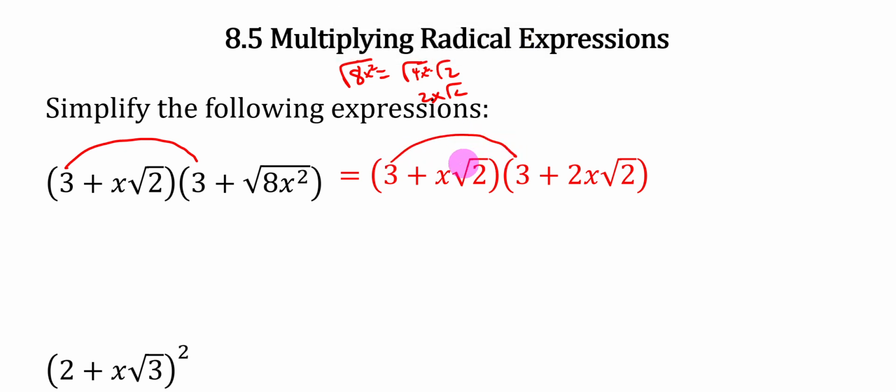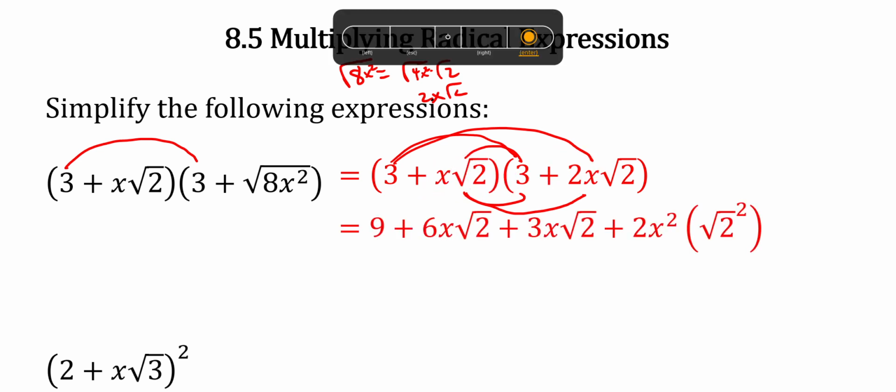3 times 3 is 9. We get 6x square root of 2. I'm sorry, 3x square root of 2. And then we get 2x squared, 2x times x, square root of 2 squared.